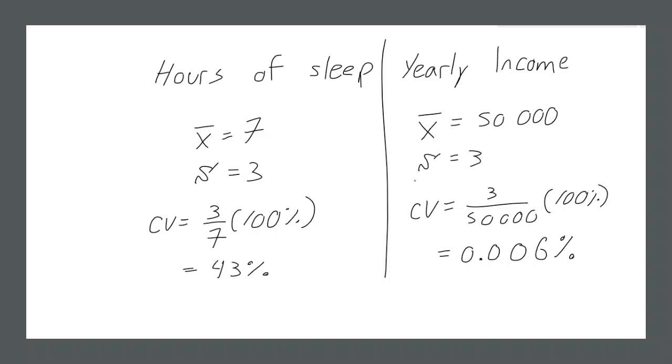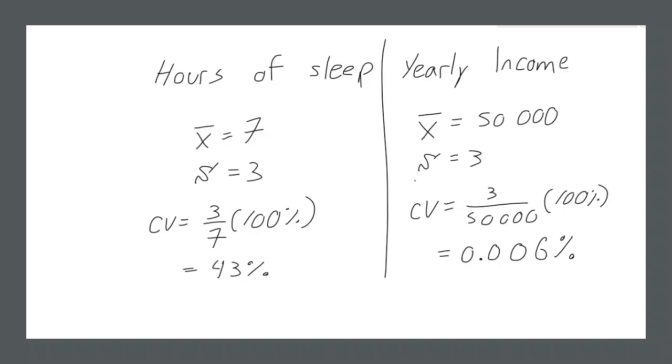So a standard deviation of 3 versus a standard deviation of 3, you kind of have to scratch your head a little bit to decide what's bigger. They are the same value, but which of the two cases means more widespread data?